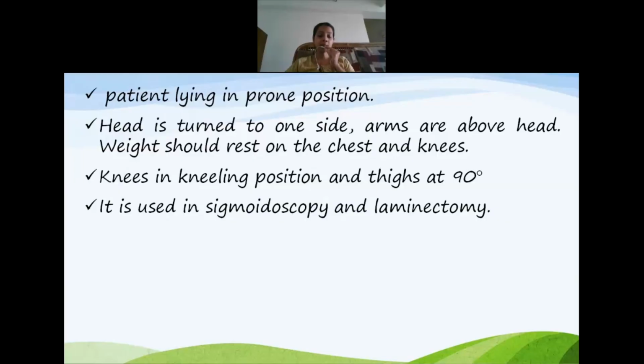The patient's knees have to be in kneeling position, with the thighs at 90 degrees. Most of the time this position is used for examination of the sigmoid colon, that is by using sigmoidoscopy, and also to perform laminectomy. Laminectomy means removal of the lamina.